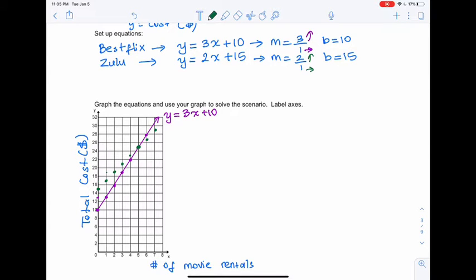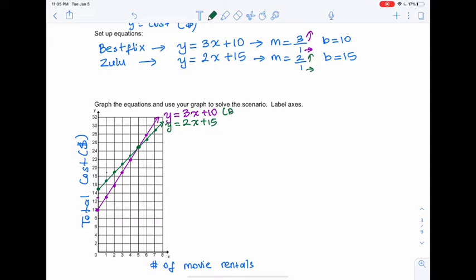And I think this is enough. Let's connect the points. Okay, so this is for y is equal to 2x plus 15.